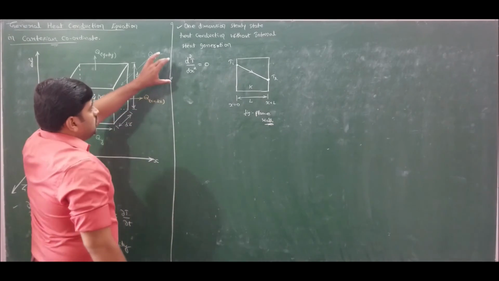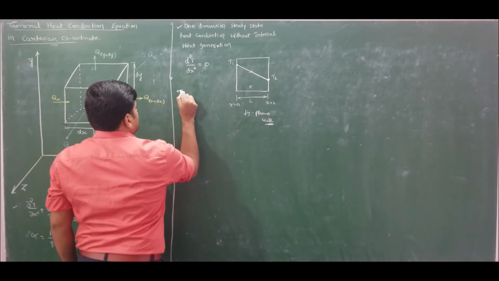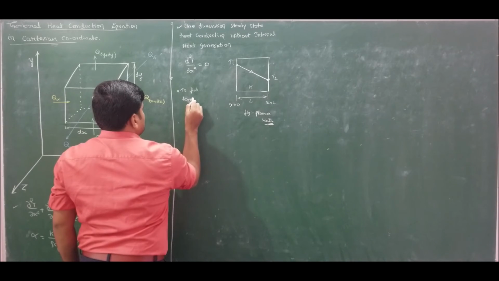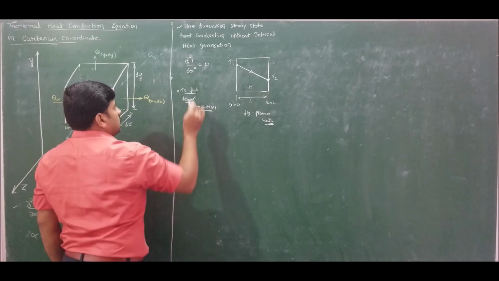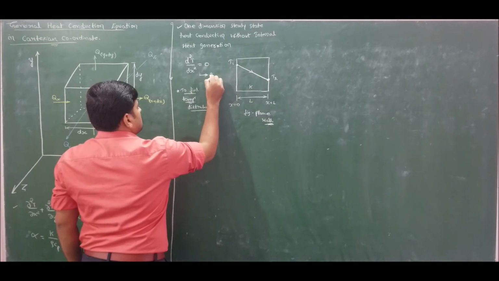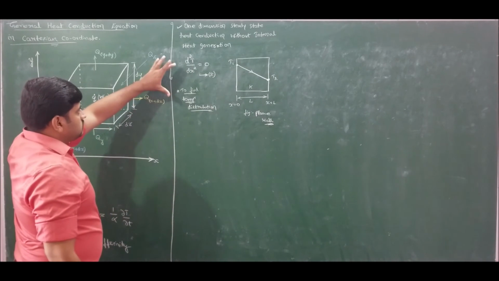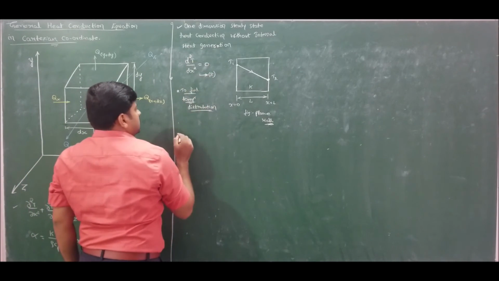Now I want the temperature distribution equation first, so therefore we find the temperature distribution. Let us take this as equation number 2. Now to find the temperature distribution, I want to integrate this equation twice.